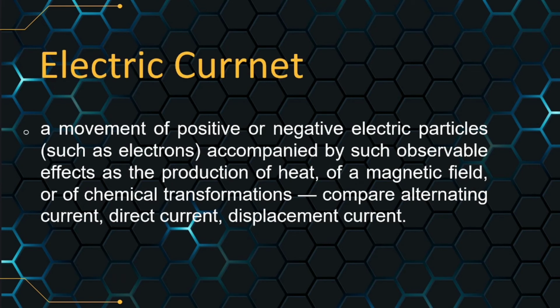So, electric current is a movement of positive or negative electric particles such as electrons, accompanied with such observable effects as the production of heat, of a magnetic field, or of chemical transformations. Compare alternating current, direct current, displacement current. Like electricity, magnetism produces attraction and repulsion between objects.